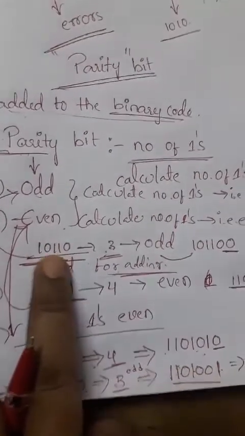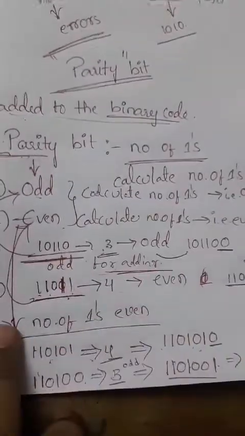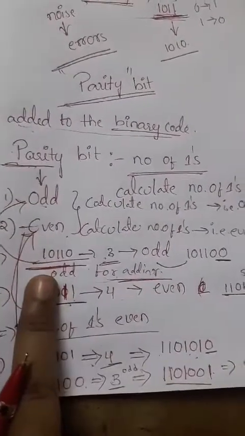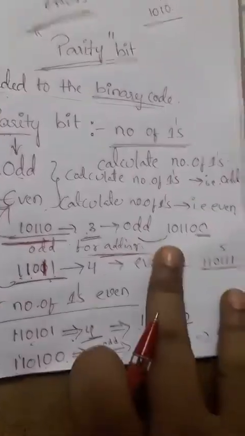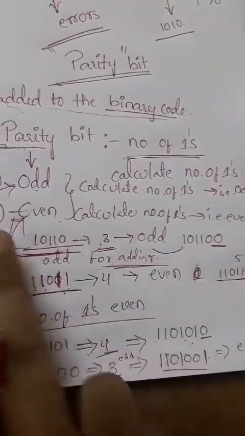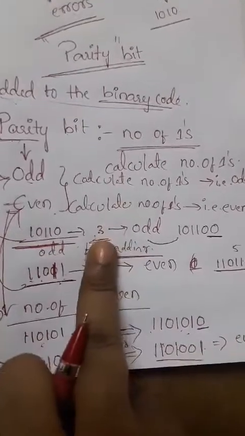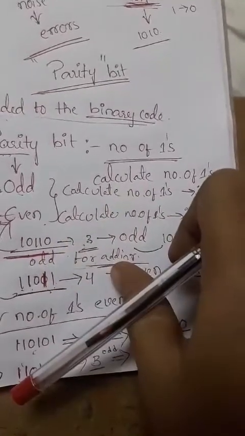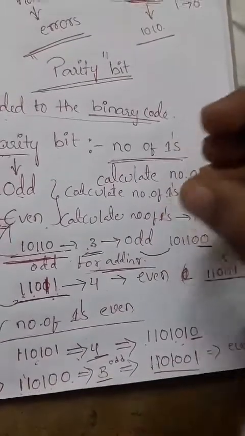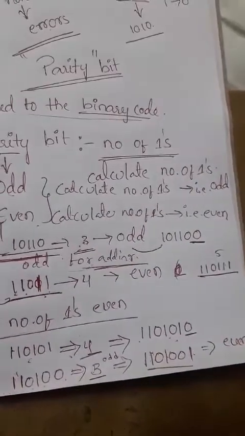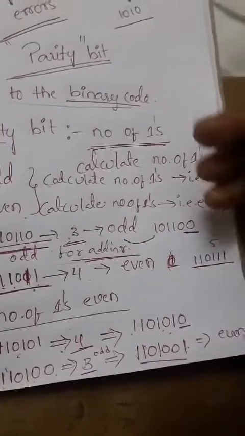After counting, check whether it is an even number or an odd number. If it is even, we can directly say that number is even parity. But if that even parity number needs to be converted to the other parity, odd parity, you need to add a 1, like this.